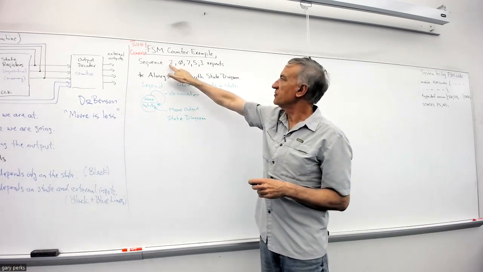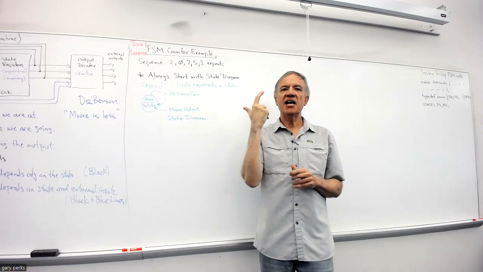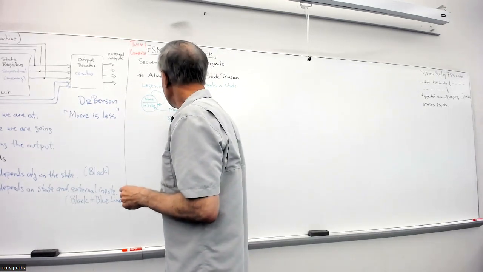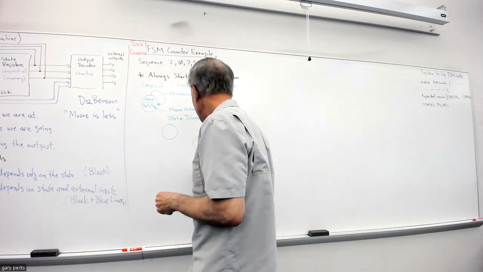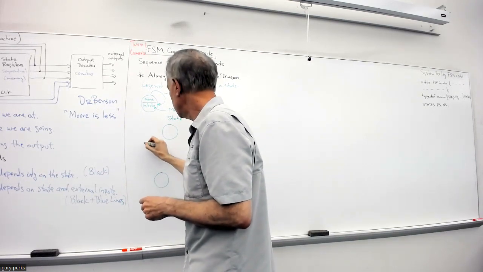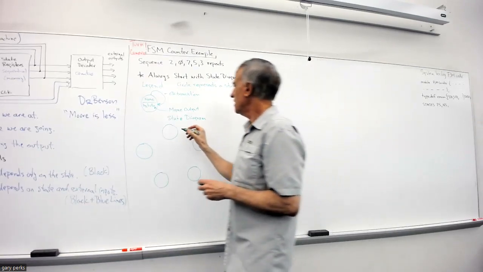And each count, 2, 0, 7, 5, 3, right? We got 5 different numbers. Each count's going to be a state. So I'm going to have 5 circles. It doesn't matter how you orient these, but I'm going to orient them like this. Okay.